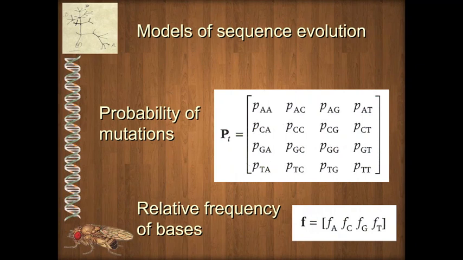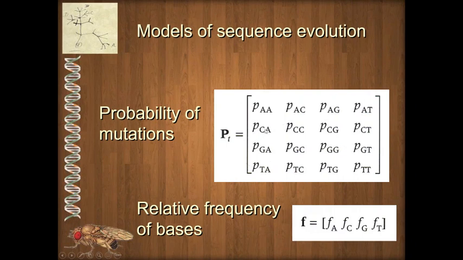So when we are looking at models of evolution, we need to estimate the probability of different types of changes. So we have a little matrix here, all of the different probabilities. There are 16 possible changes that can occur. Now, the P here represents the probability of a mutation, and these little letters represent the type of mutation that is occurring.